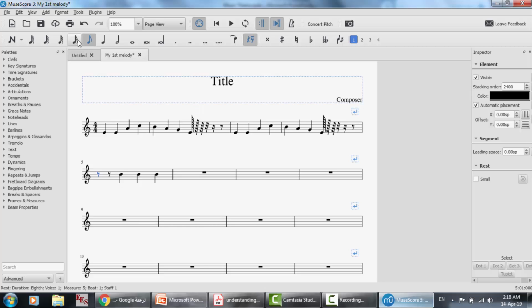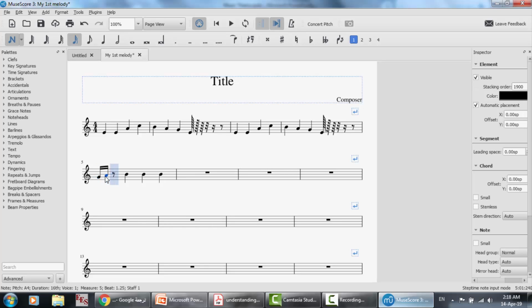So we can add notes 1, 2, 3, 4. Exactly. So this is considered one of this, and then I have the chance to put three more.